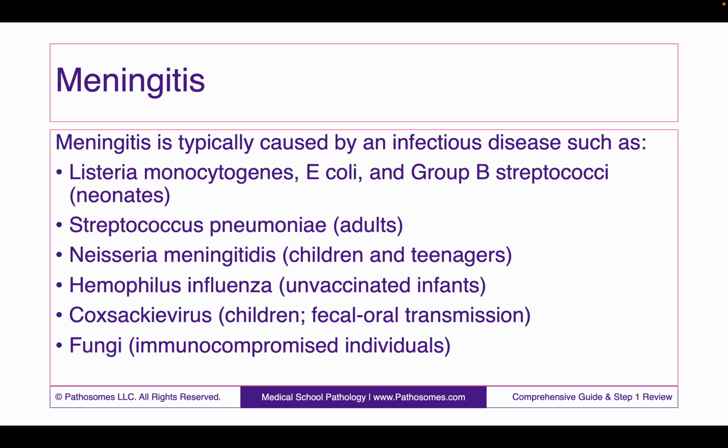If it's a child who's been eating their own poop, talk to their parents, talk to social workers, and think Coxsackie virus. And if it's an immunocompromised patient, think fungi. Okay? That's in last minute situations where you haven't quite figured out what's what. If you have to make a last ditch choice, that might help you.